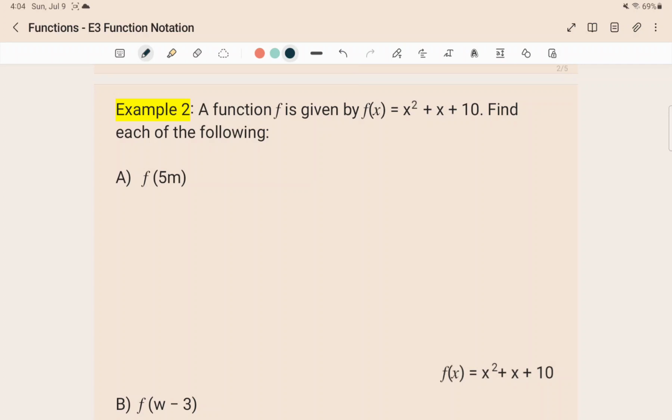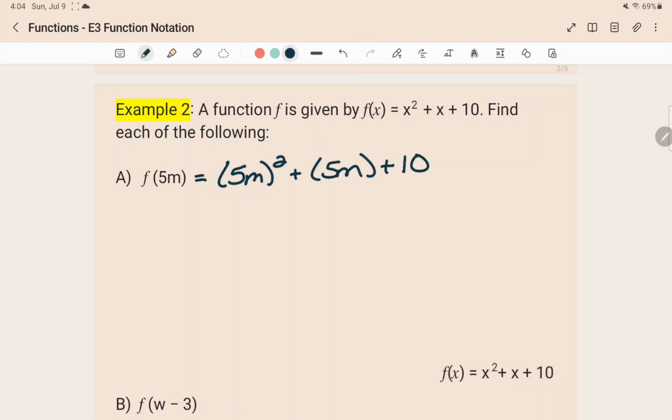f(5m). Okay, so wherever we see an x in the function f(x), we're just going to plug in 5m, and I'm going to use parentheses. So x squared plus x plus 10 becomes (5m) squared plus 5m plus 10.